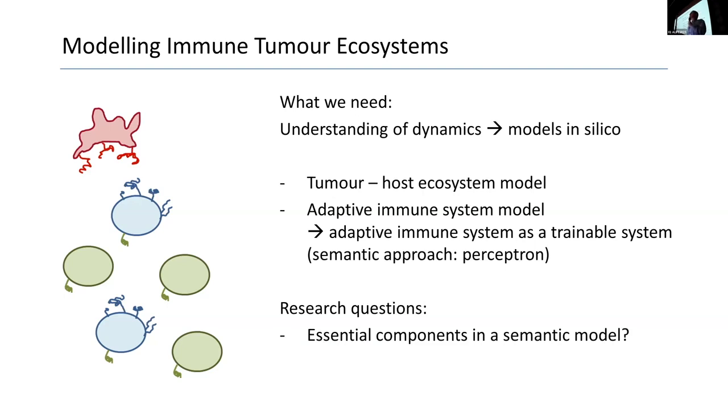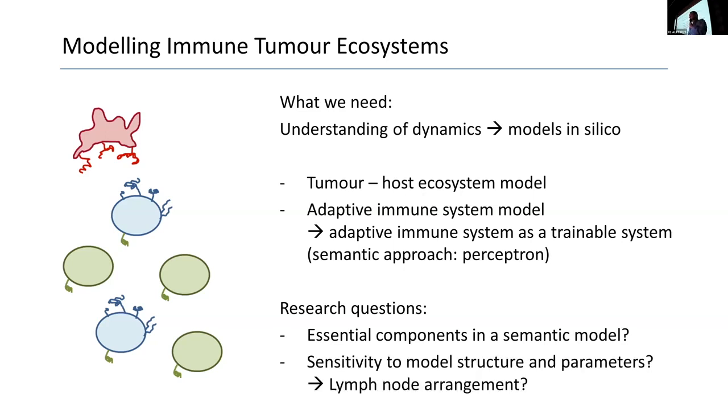For example, what are the essential components needed in such a model? Because the model should not be too complicated, but it should cover somehow the biological reality. Related to this, the sensitivity is interesting. So the question is, what is the sensitivity of the model regarding the model structure and the parameters?